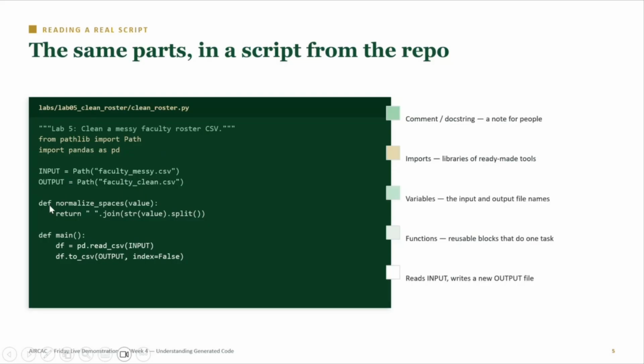The function here is named normalize spaces. The input is value, and then it returns value dot split, where value is a string. The value dot split means that it will split the string, which is value.